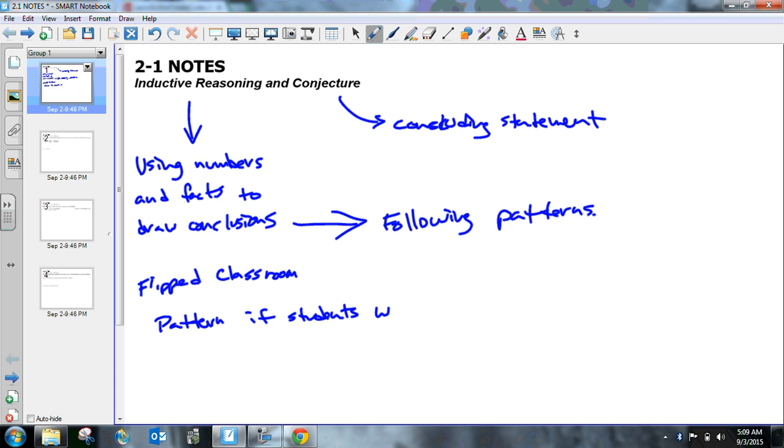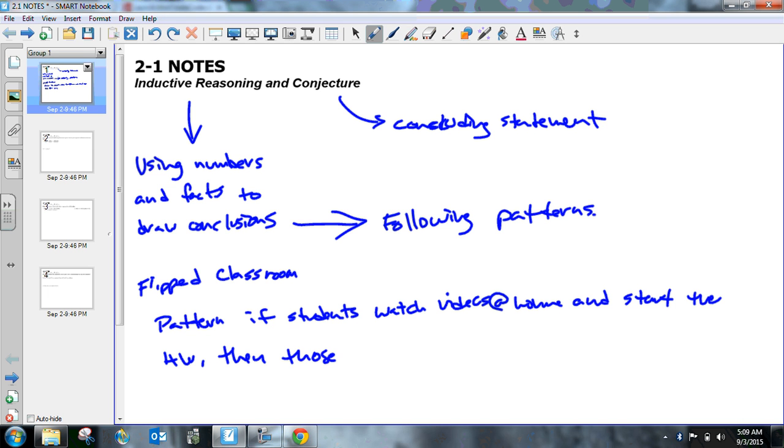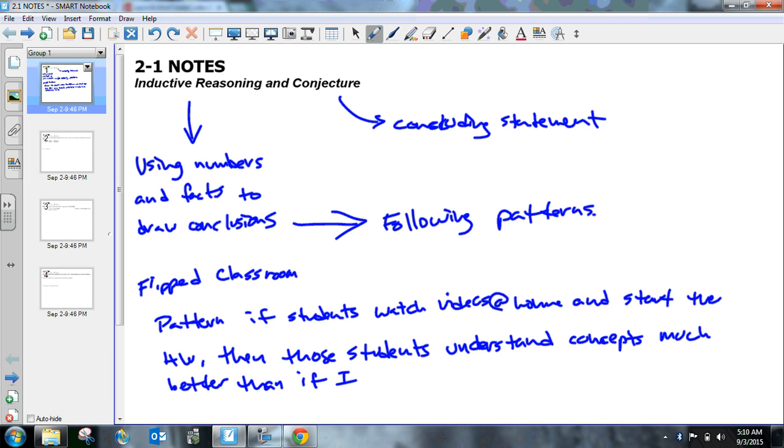So if students watch the videos at home and start their homework, then I notice that those students understand the concepts much better than students that don't watch the videos, much better than if I just taught. That's kind of like a pattern that I notice.